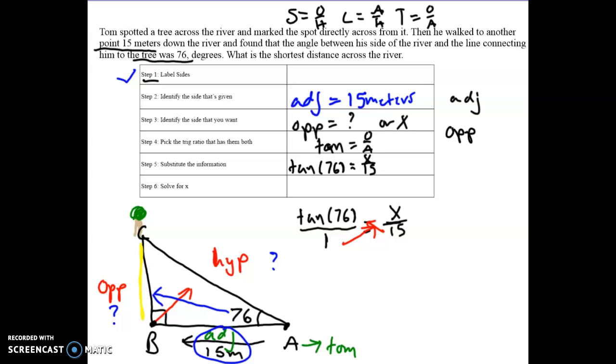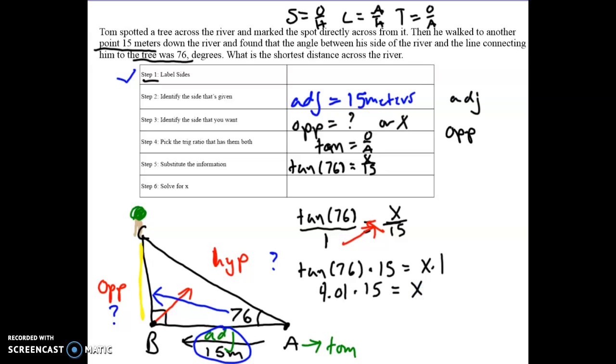When we cross multiply, our equation becomes the tangent of 76 times 15 is equal to x times 1. That way we got rid of everything in the denominator, and now we can simplify. The tangent of 76, I don't know that off the top of my head, so I'm going to plug that into my calculator. I'm left with 4.01 times 15 is equal to anything times 1, which is always itself, so just x.